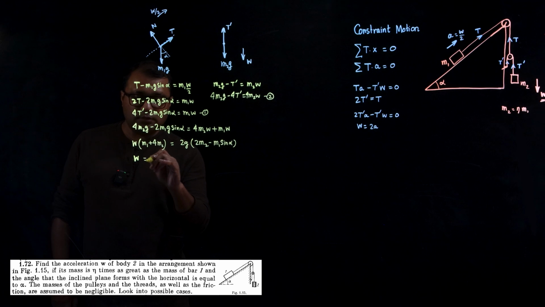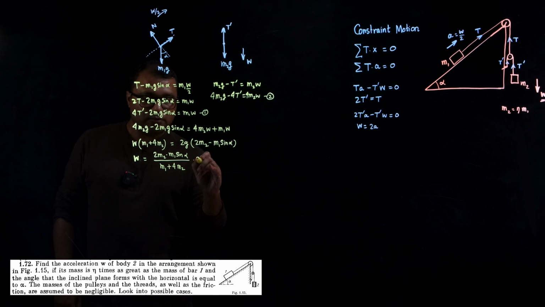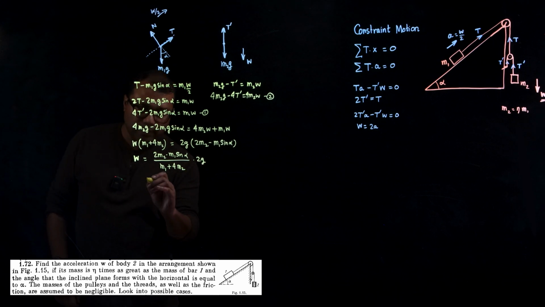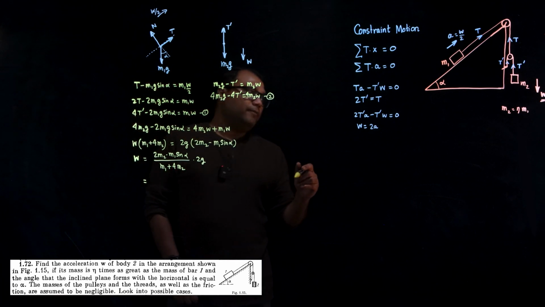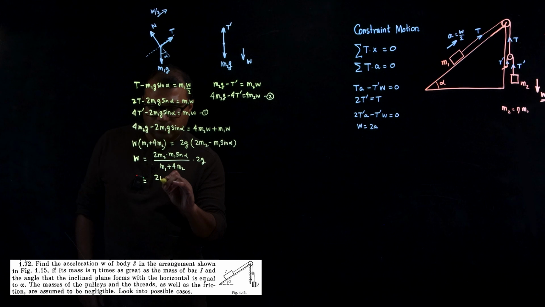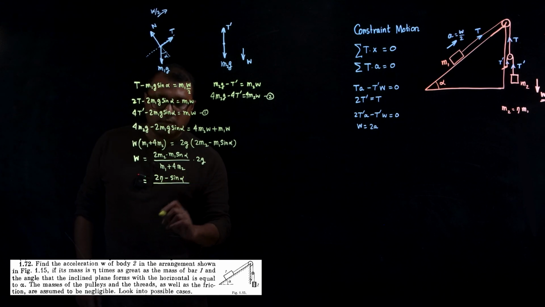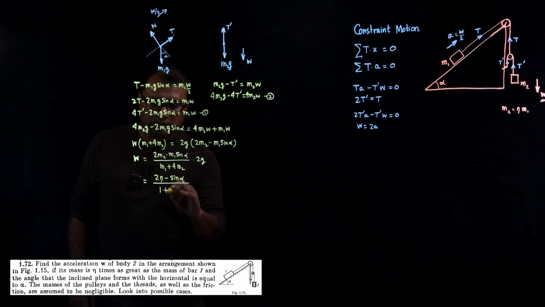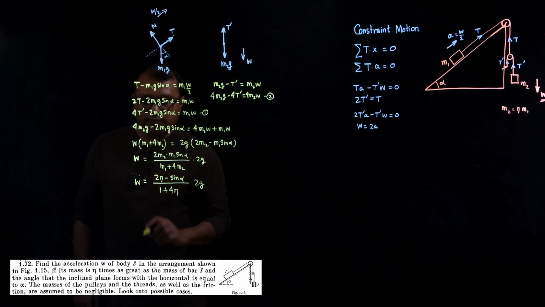Now W is equal to 2M2 minus M1 sine alpha by M1 plus 4M2, times 2G. Now if I divide numerator and denominator by M1, 2M2 by M1 is 2 eta, so we get 2 eta minus sine alpha by 1 plus 4 eta, times 2G. So that is the value of W.